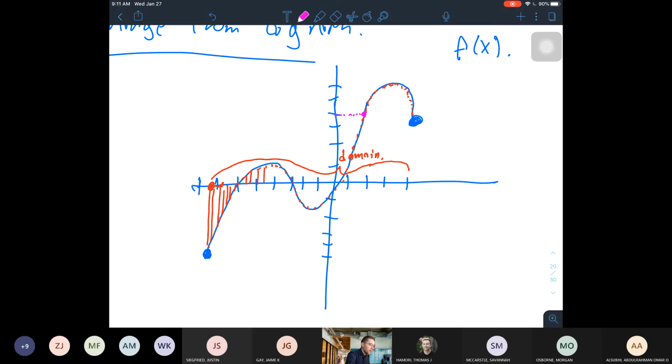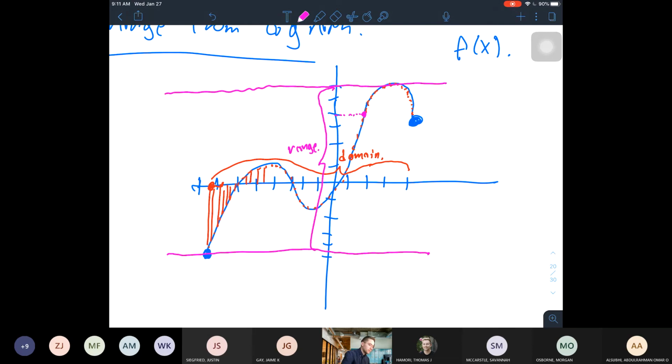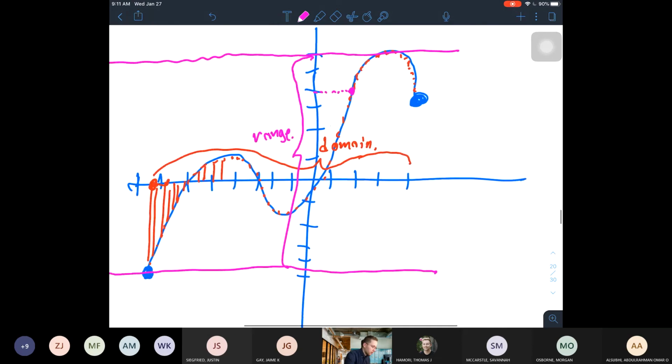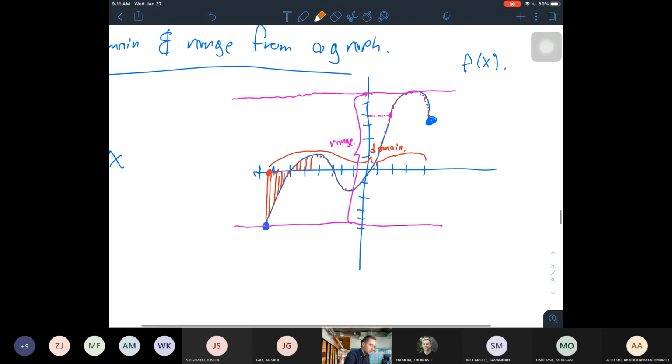Those are the values which lie between this minimum and maximum, since we have a continuous function. Everything along here is going to be our range.